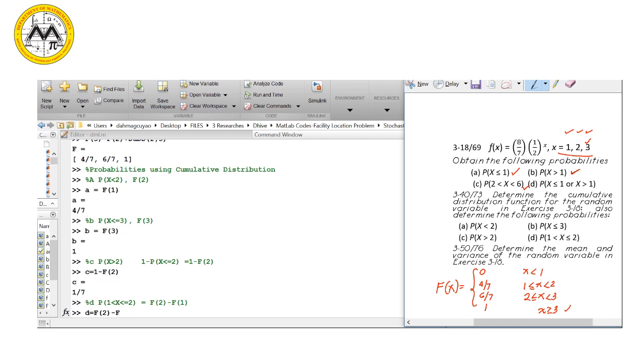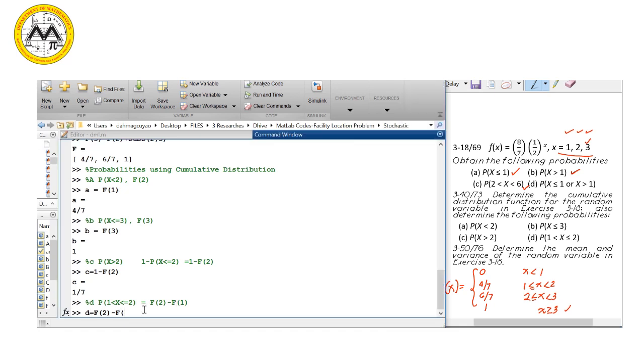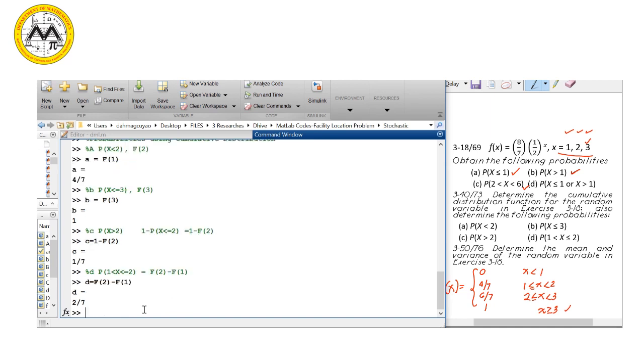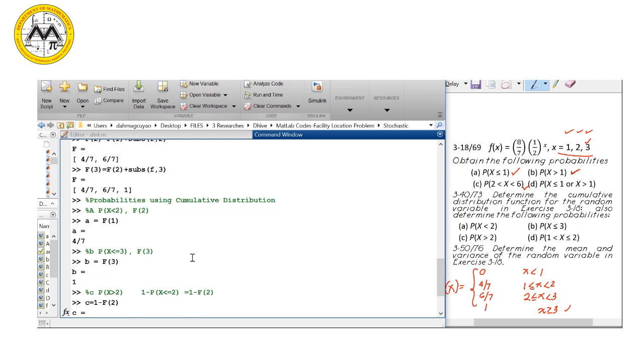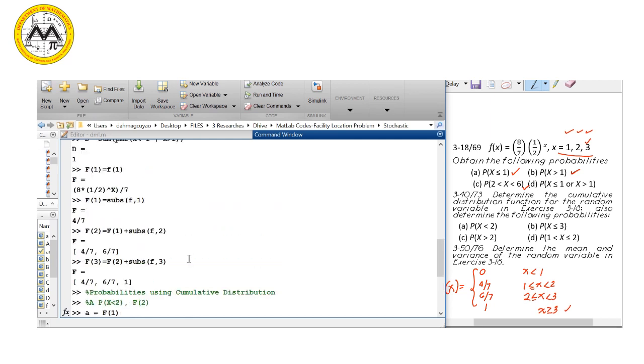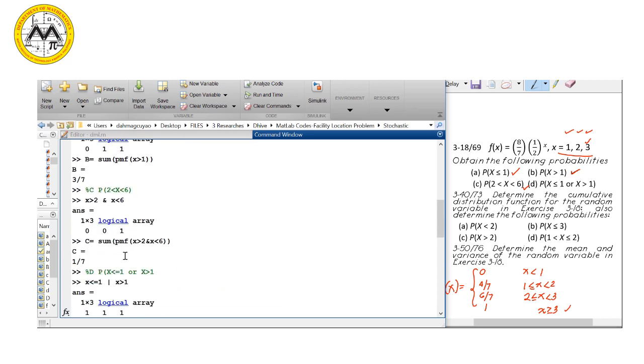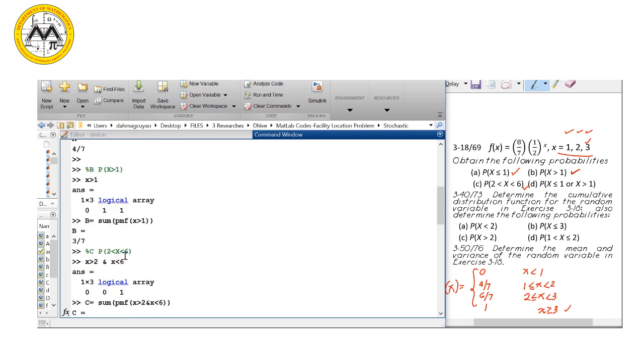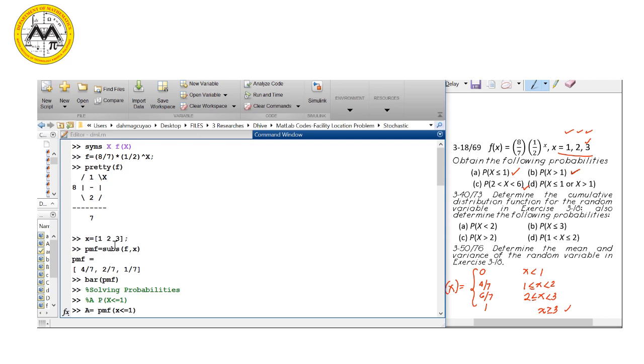So this is f of 2 minus f of 1, so that is 2 over 7, from our probabilities, the second one.